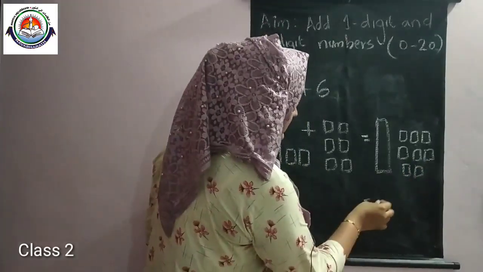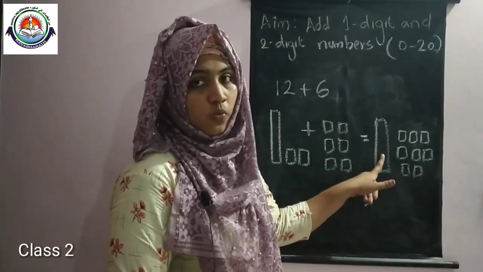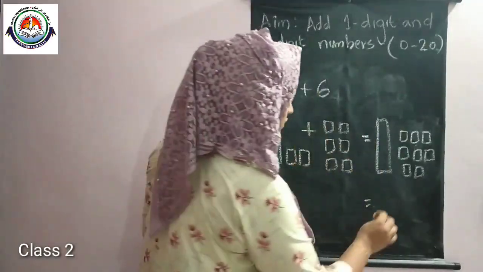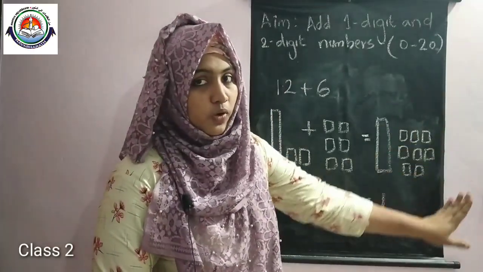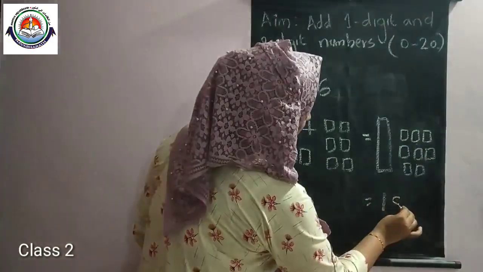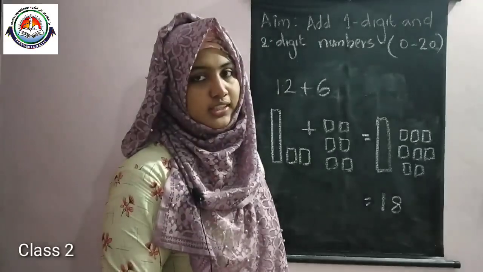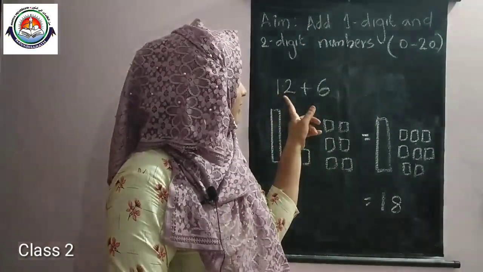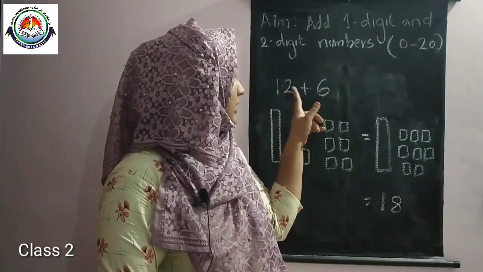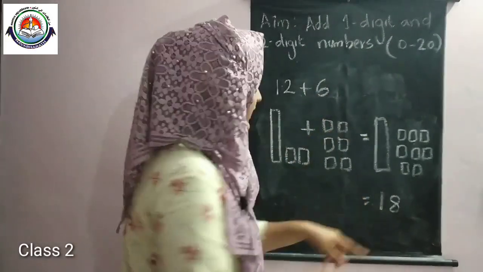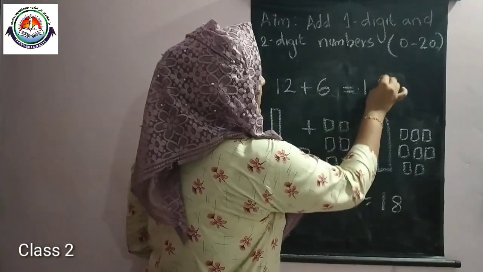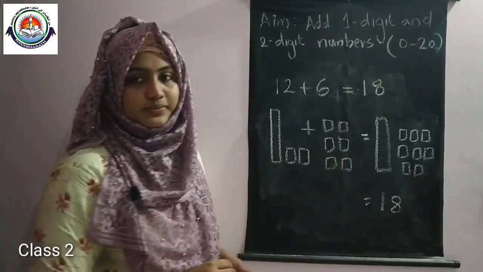Then which number is this? Here 1 tens block, so number 1 in tens. Then 8 ones blocks, so number 8 in the ones place. Then we got, when we add 12 to the number 6, number 18. So we can write number 18 here.